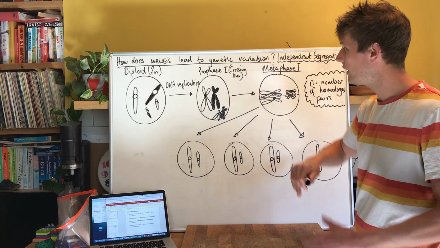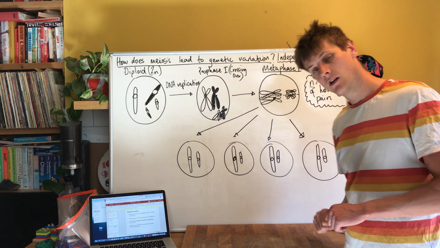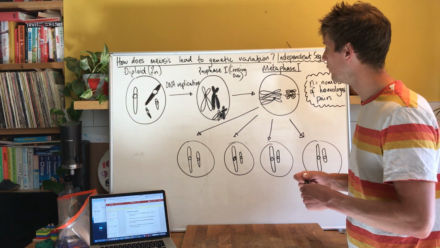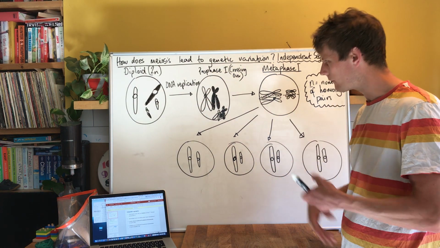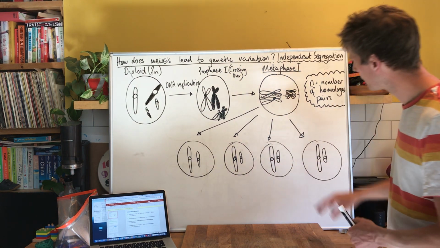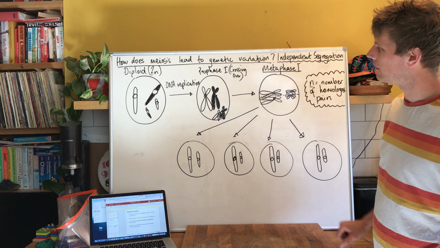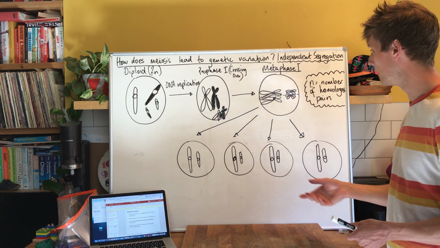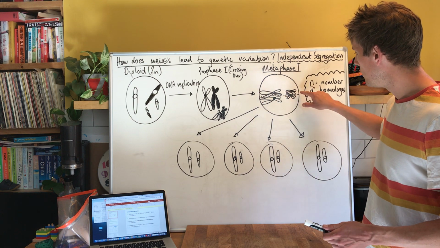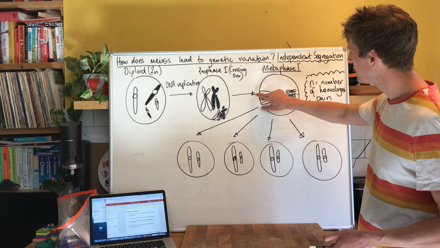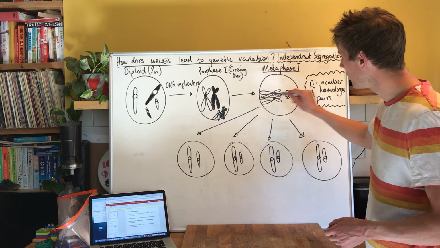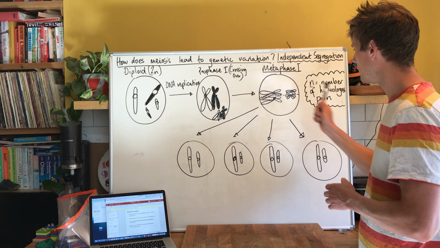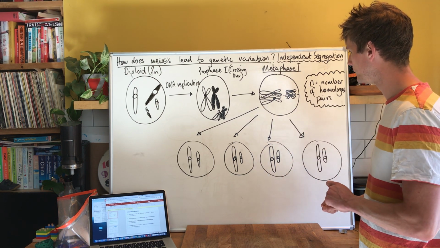Do you remember during prophase, the homologous pairs pair up to form bivalents. Crossing over may take place. After crossing over perhaps has taken place, they migrate to the middle of the cell, across what I think of as the equator of the cell.